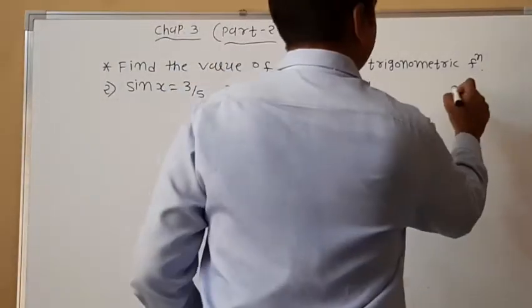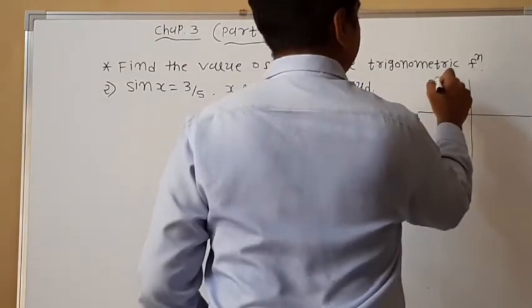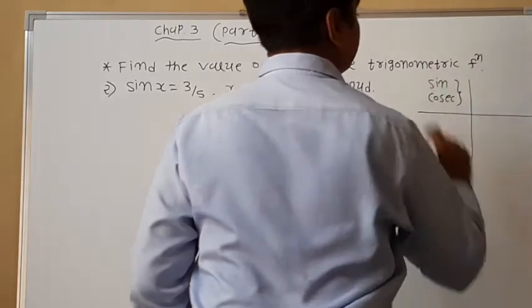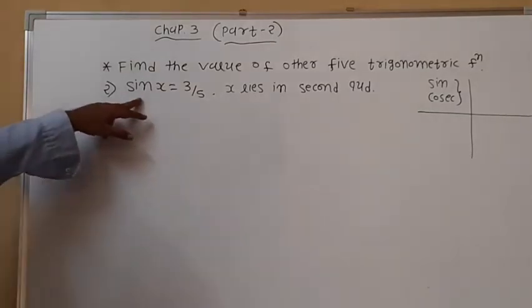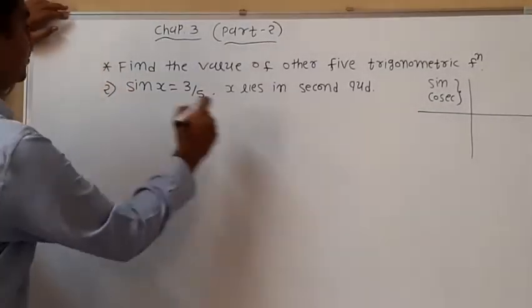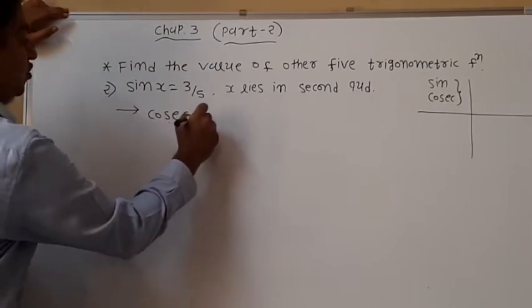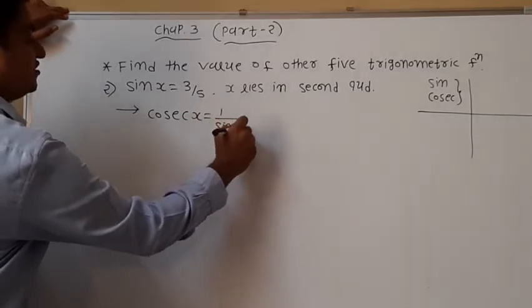So again we know that in the second quadrant only two values are positive, sin and cosec, right? So first of all sin x is given here, so using this result find out the value of cosec. The cosec x is equal to 1 upon sin x.